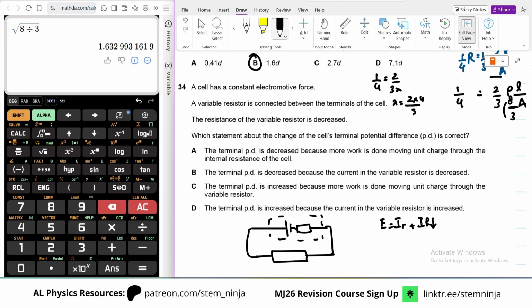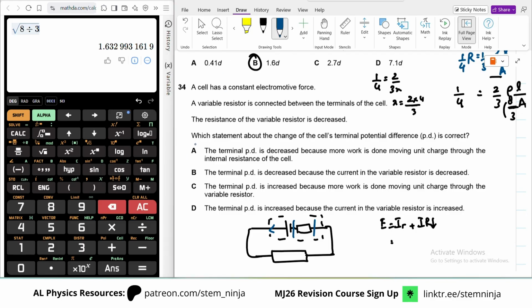If this is decreased, the net resistance would decrease. That means the current I would increase. So if more current is flowing through the battery, the lost volts would increase, which would decrease the terminal potential difference. Terminal potential difference is decreased because more work is done moving a unit charge through the internal resistance of the cell. That is also correct. Yeah, actually this is the one.